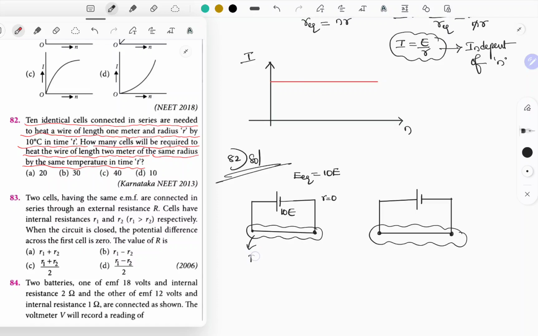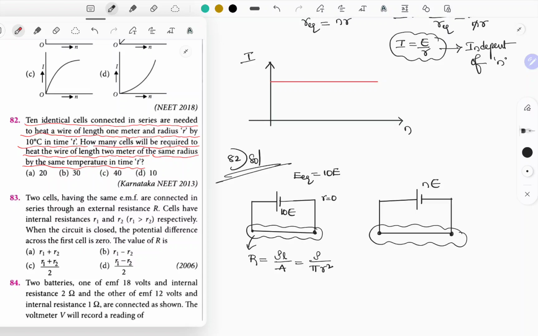Let's say resistance of this wire R is equal to rho l by A, where l is 1 meter, then area is pi r squared. This is the resistance of this wire. Now they're using n number of cells, then it is going to be nE. They didn't say what is that number n.